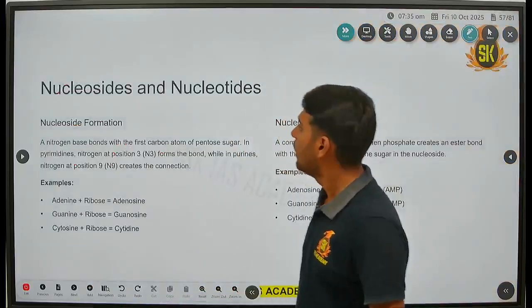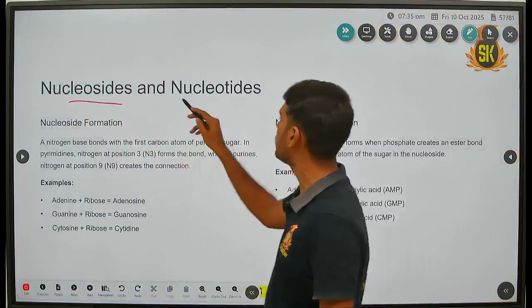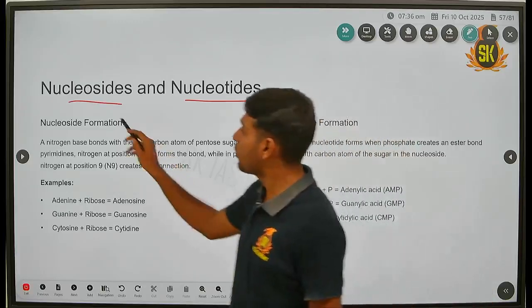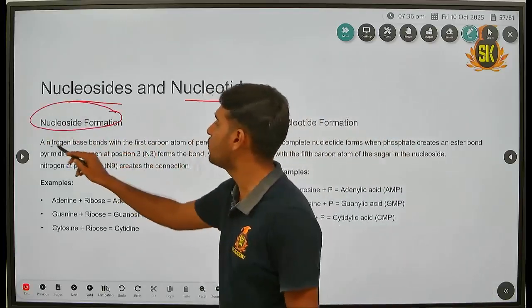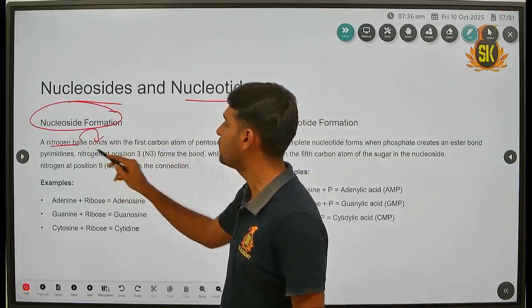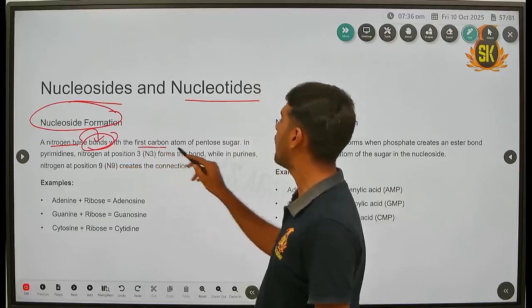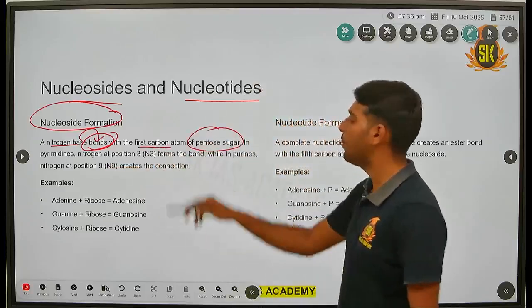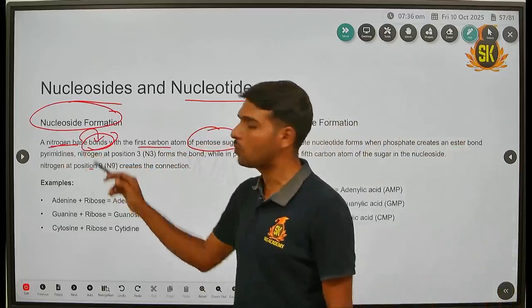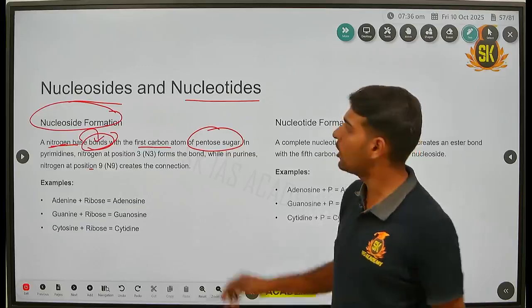We also saw the features of it. Now, the nucleoside versus nucleotide concept. Very important concept. Nucleoside means a nitrogen base bonded with the first carbon atom of the pentose sugar. What type of bond?